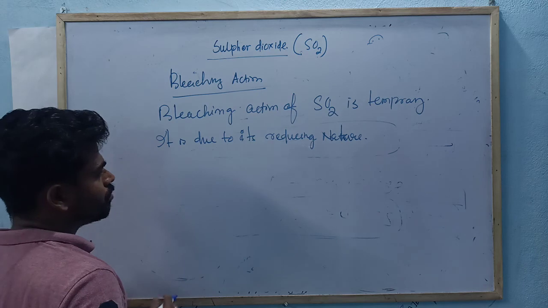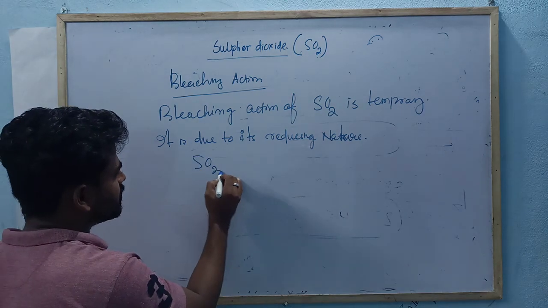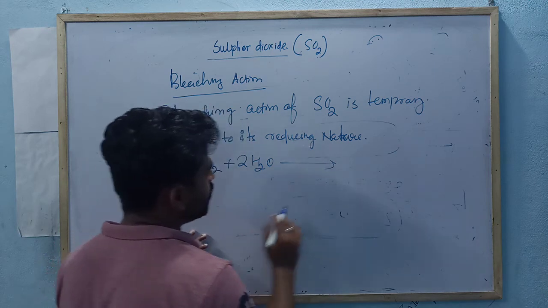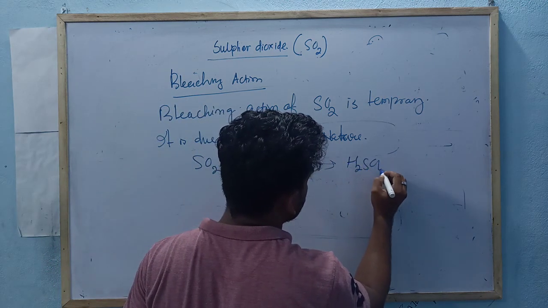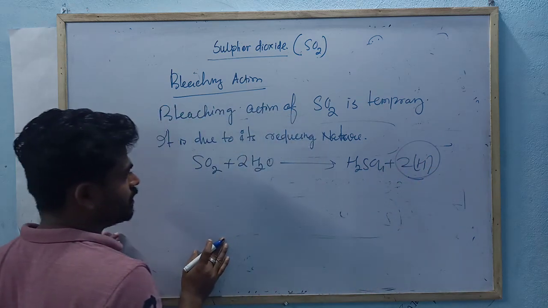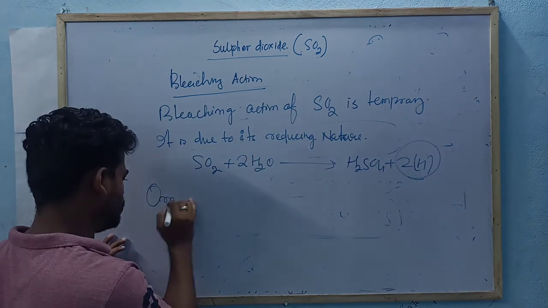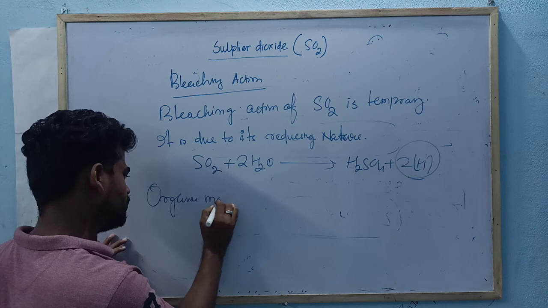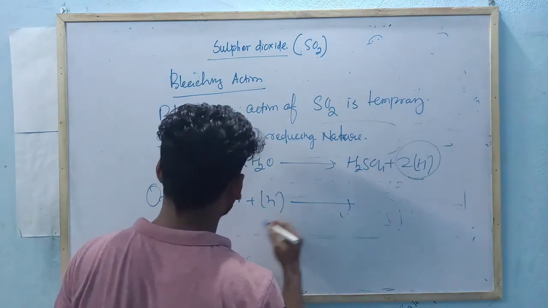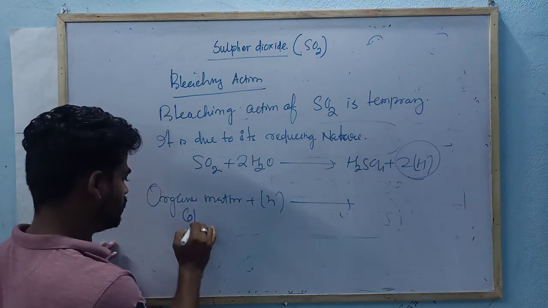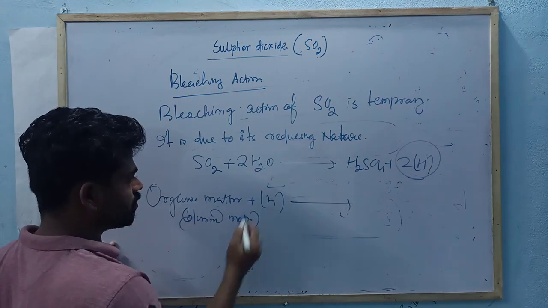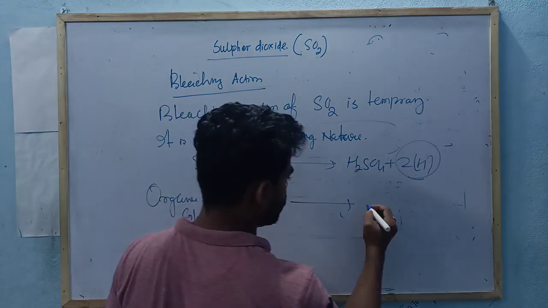You know, when sulfur dioxide comes in contact with water or moisture, it will give you H2SO4 plus 2 nascent hydrogen. This nascent hydrogen comes in contact with the organic matter, which is colored matter, and now due to reduction it is bleached into colorless.